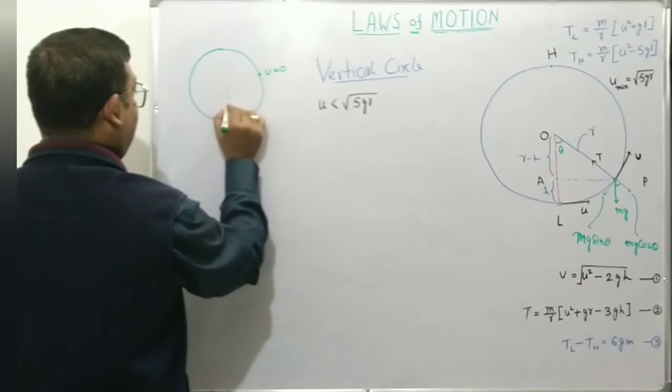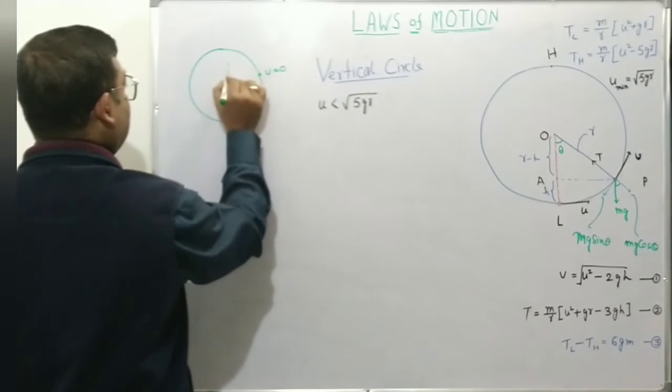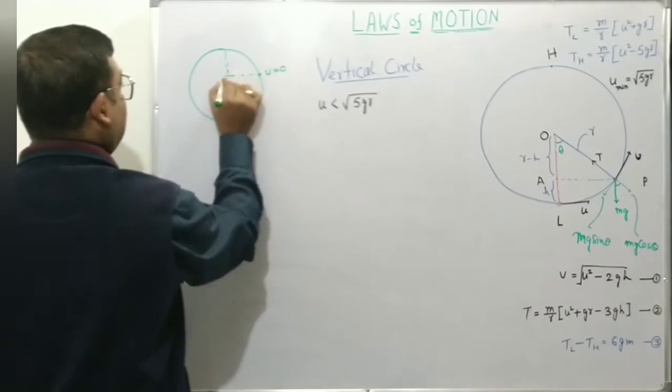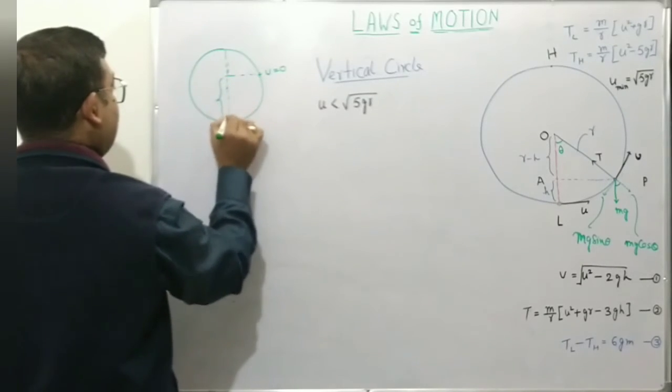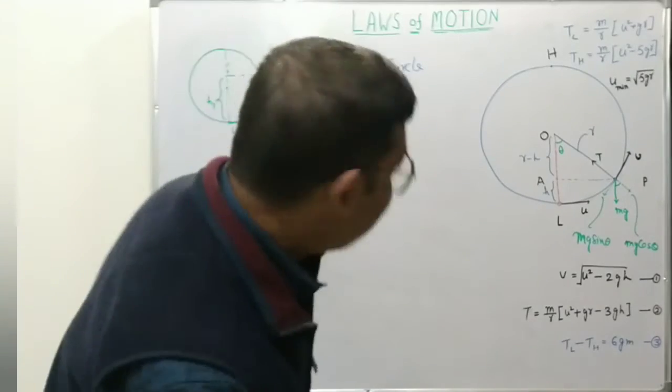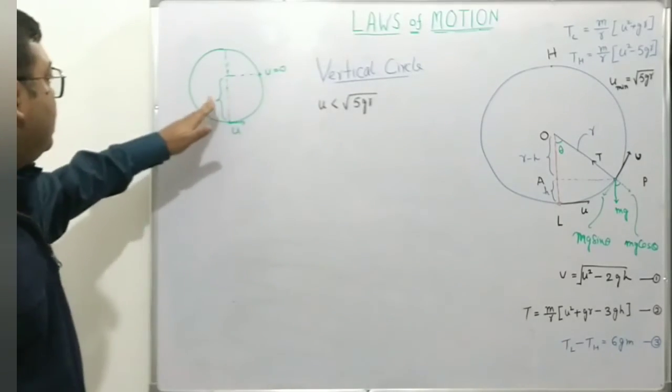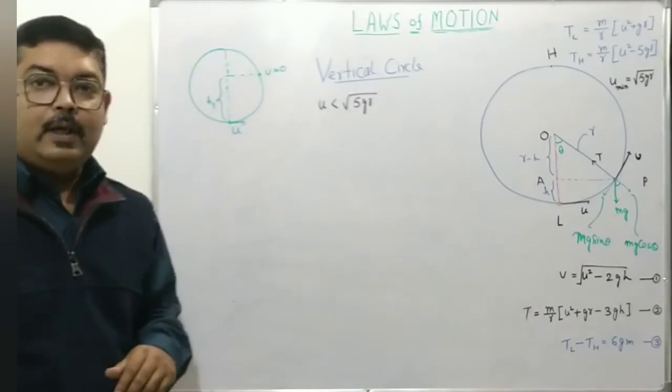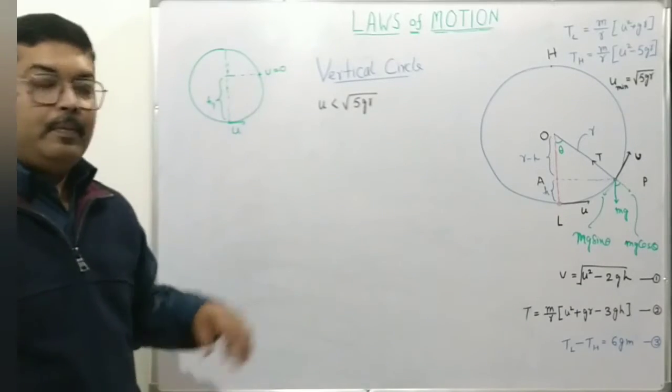So if you consider, this is the center, let's call this height h1. So let's say at the point at height h1 the velocity becomes 0 before reaching the top.